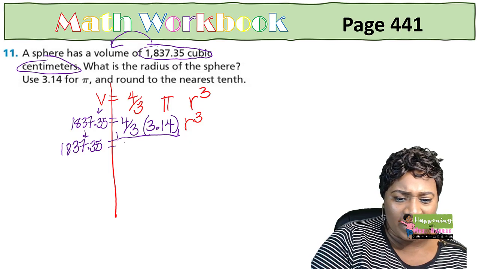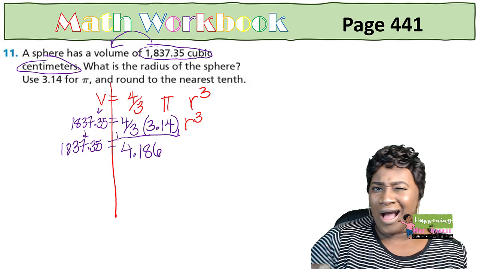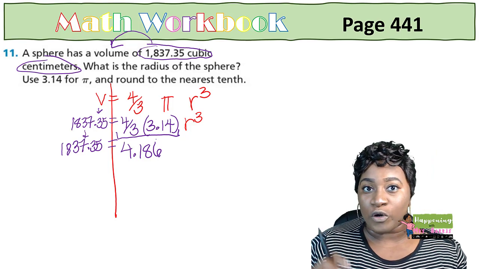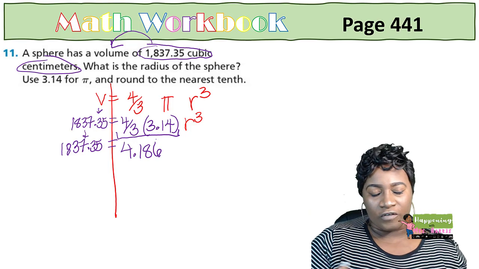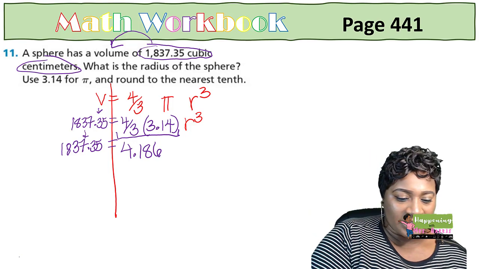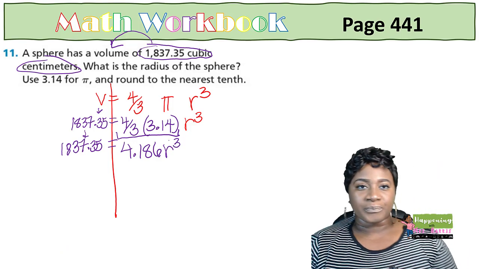And I'm going to end with 4.186. I always like to write at least the first 3 decimal places. I like to write the whole number along with the first 3 numbers on the right side of the decimal. And then we can bring down the r to the 3rd power.